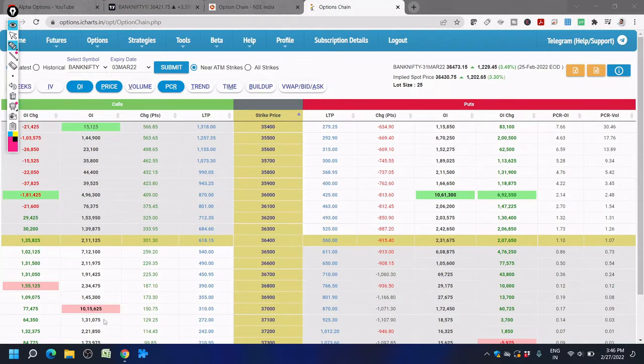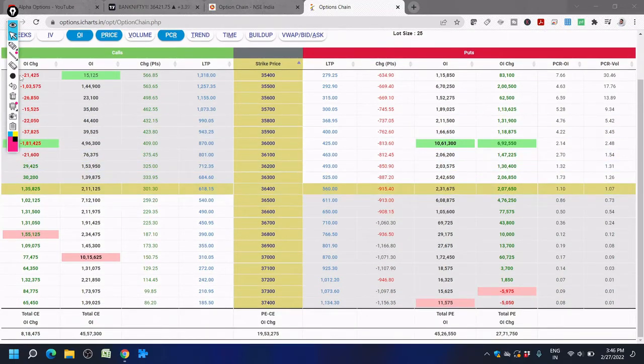And now look at the highest open interest on the call side. On the call side, this one is a pretty big open interest change.